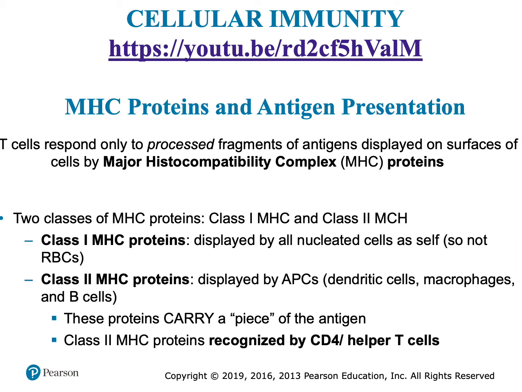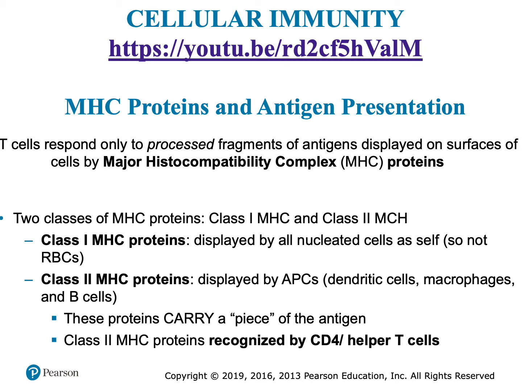Okay, we've told you about how the natural killer cells are constantly on patrol. They're part of innate immunity. They kill any cell that's missing an MHC1. Every nucleated cell has an MHC1. But these antigen-presenting cells that I was talking about before have a special MHC protein, MHC2.